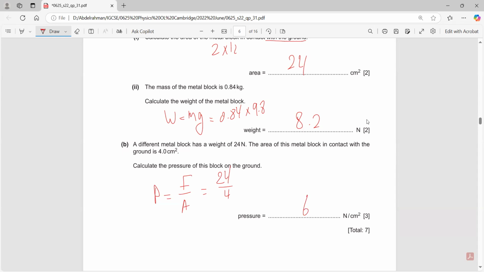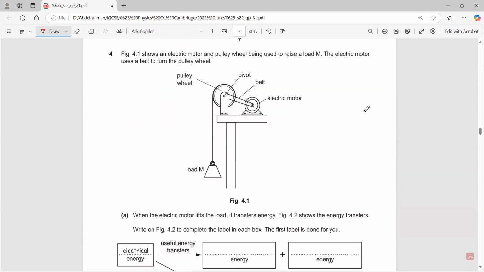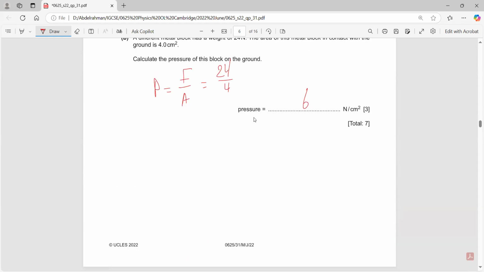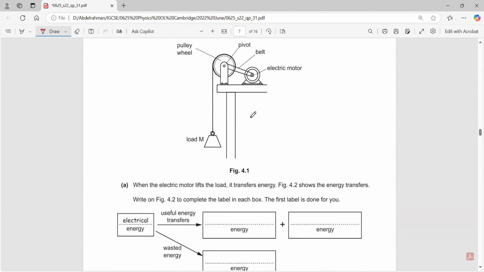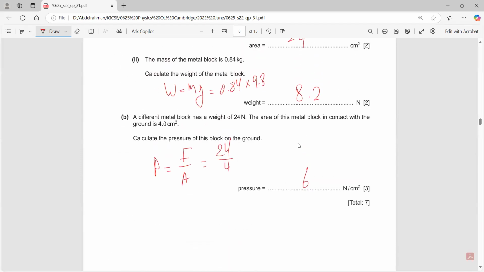It's a very easy answer. Yes, 24 divided by 4, so it's 6.